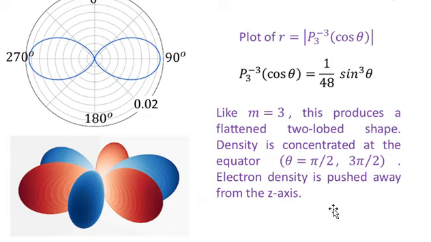The electron density is pushed away from the z-axis, but in comparison with the previous cases, that is m is equal to 2, m is equal to 1, and m is equal to 0, we have seen that with greater value of m, the density is pushed away from the pole towards the equator, and here this is the case of the equator again.